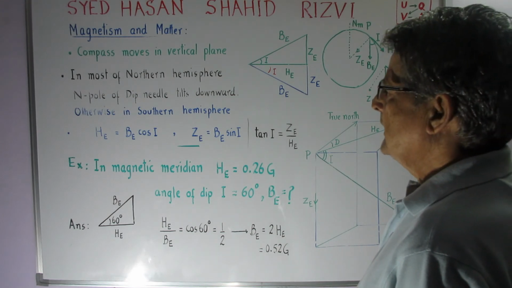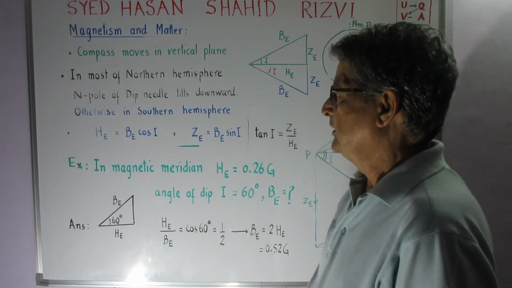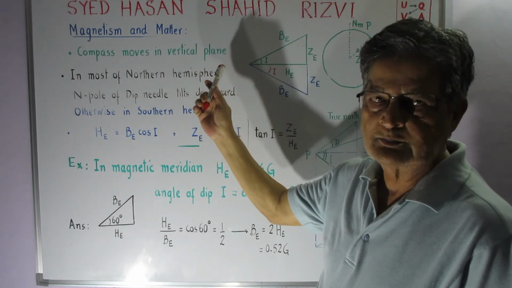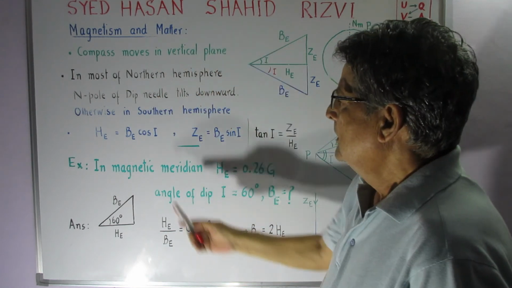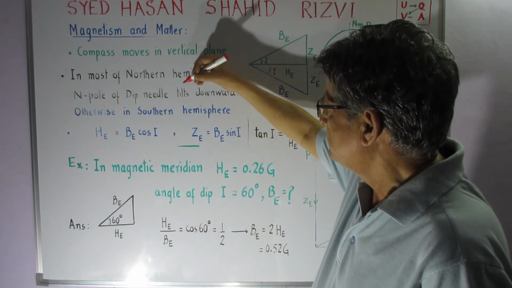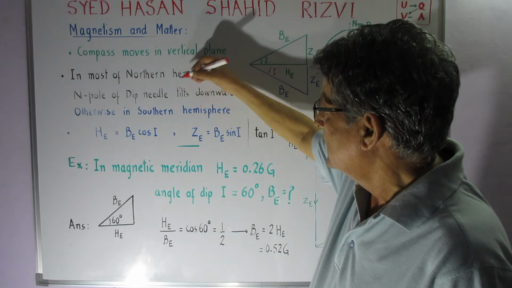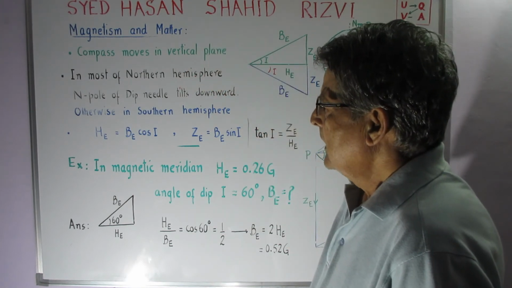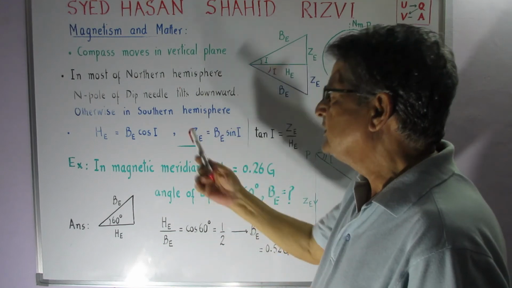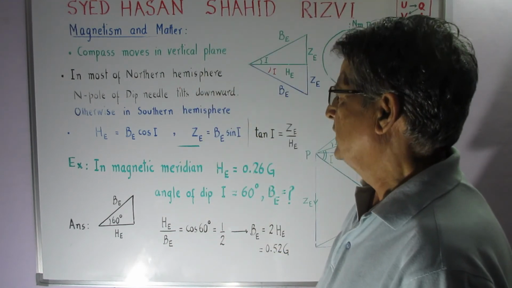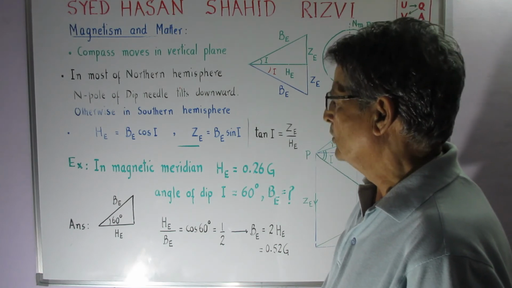Now, let me share one piece of information. In most of the northern hemisphere, the north pole of the dip needle normally tilts downwards. In the southern hemisphere, it tilts upwards. That is, the south pole of the dip needle tilts downward.